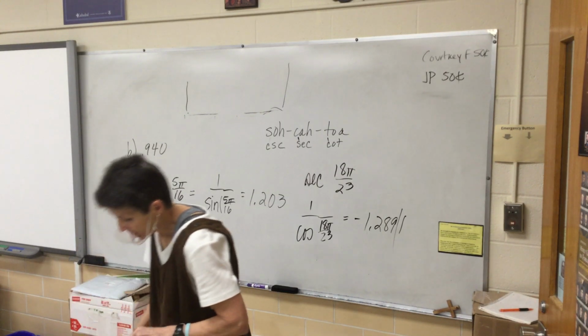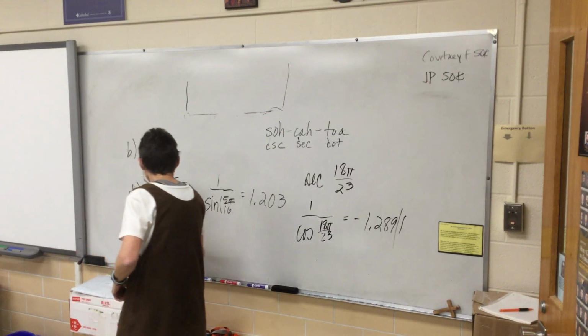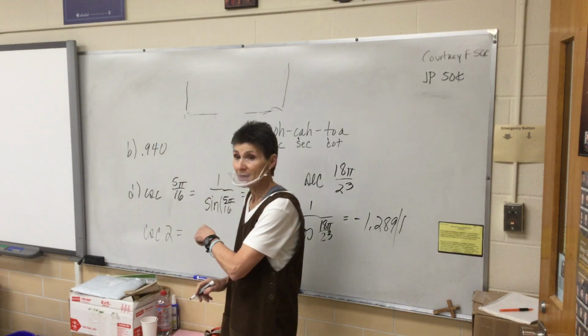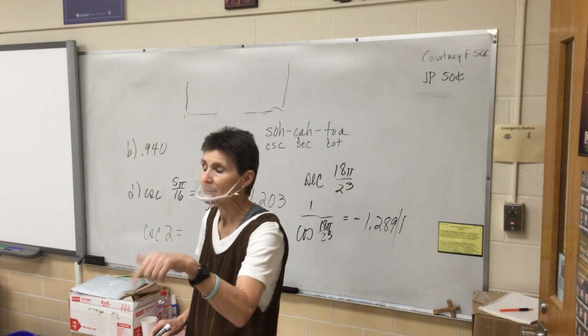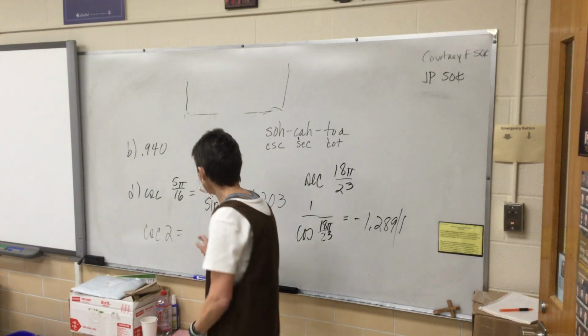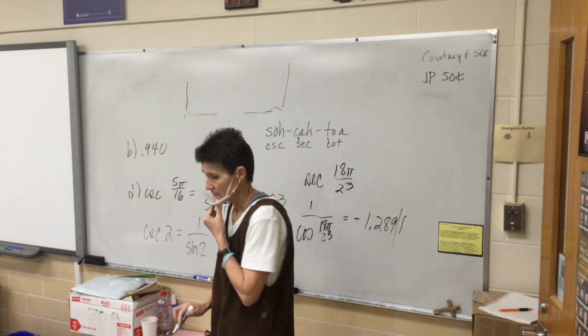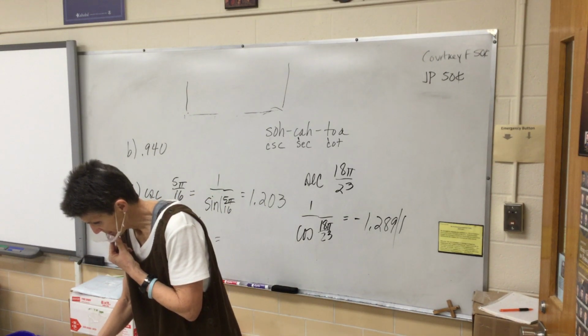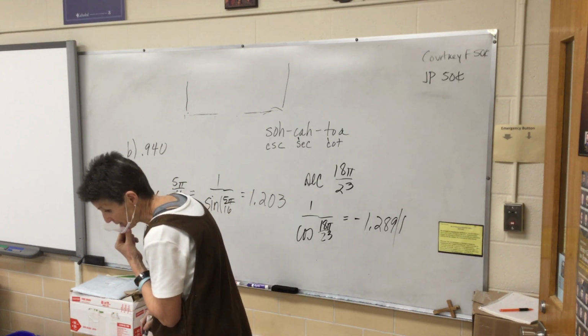And one more. Cosecant 2. Now notice there's no pi, but that doesn't matter. There's no degree mark. That means it's a radian. So I'm going to type 1 divided by sine 2. And I got, now that one is going to round.